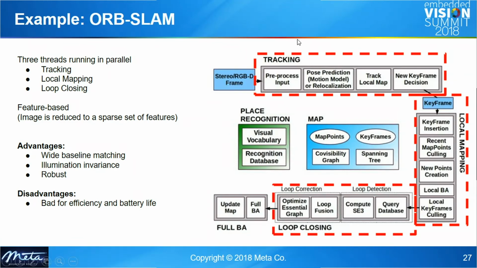The tracking thread is the high frame rate thread that is supposed to give poses at camera frame rate. And then in addition to that, it has two threads, the local mapping and loop closing, that run at a lower frequency that do the local and then the global optimizations to the map in the back.